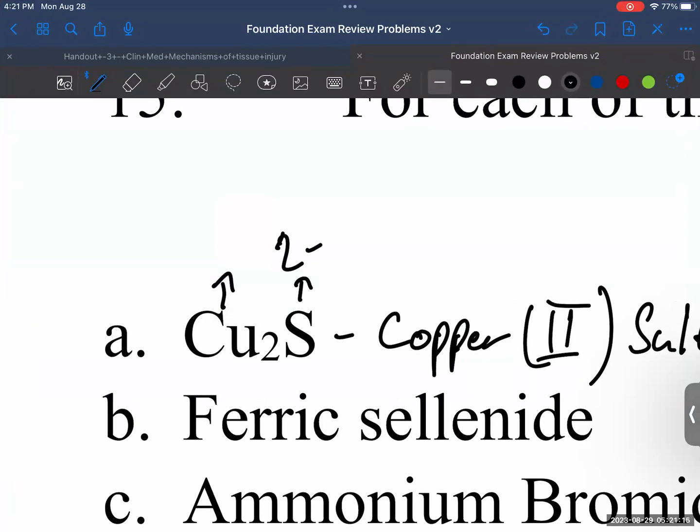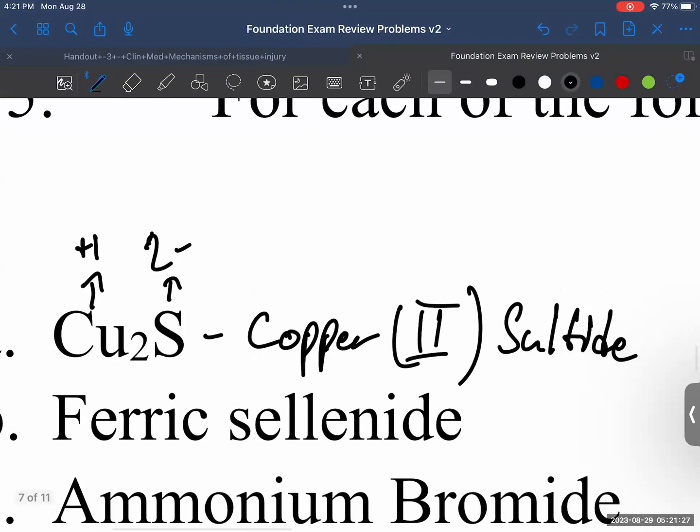And then it's interesting, right? There's no subscript behind this sulfur. What that tells me is that copper actually has a +1 charge. So the actual answer is not copper(II) sulfide, it's copper(I) sulfide. Always pay attention to your charges, basically look at the subscript behind each element.